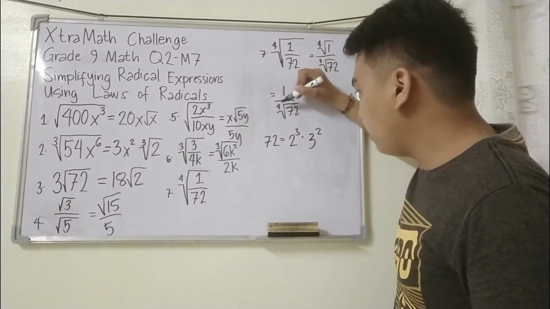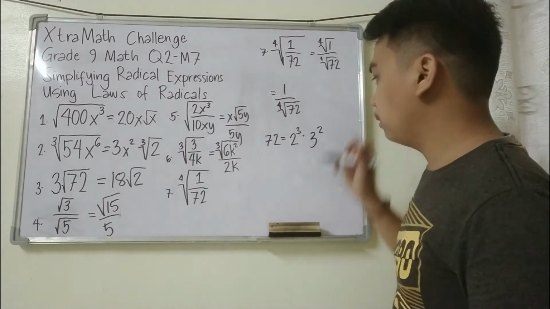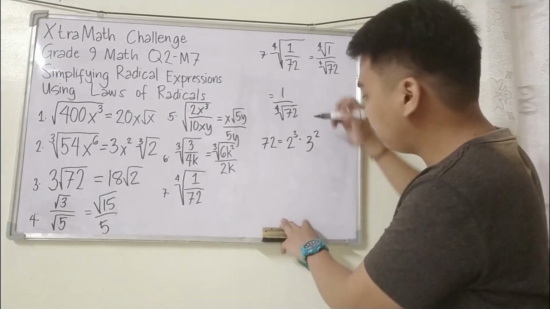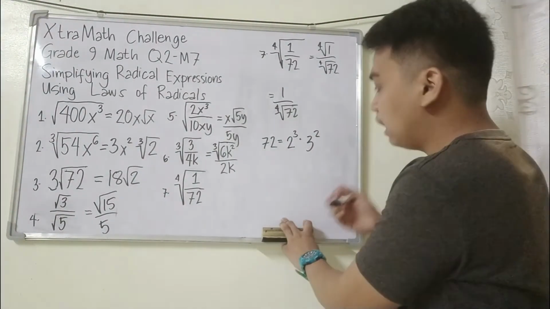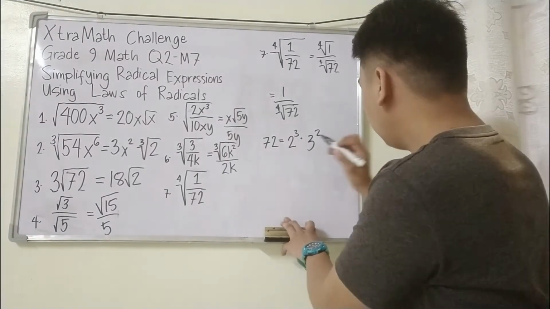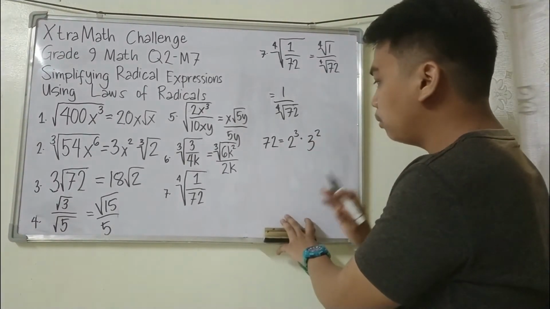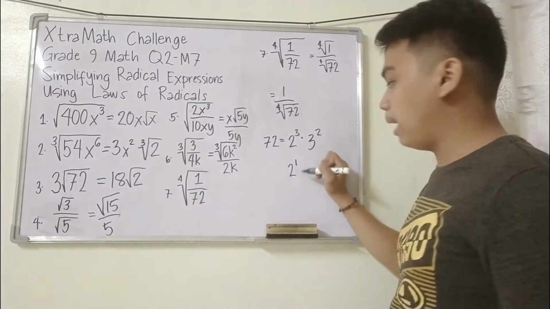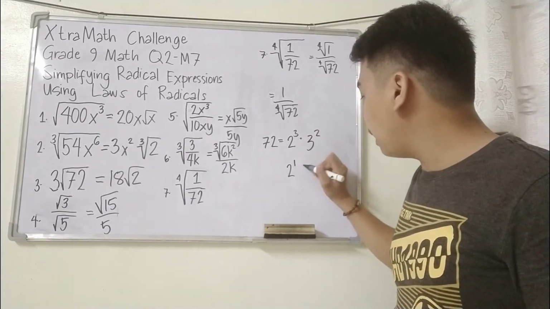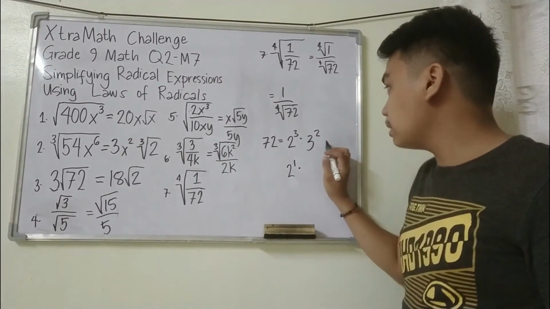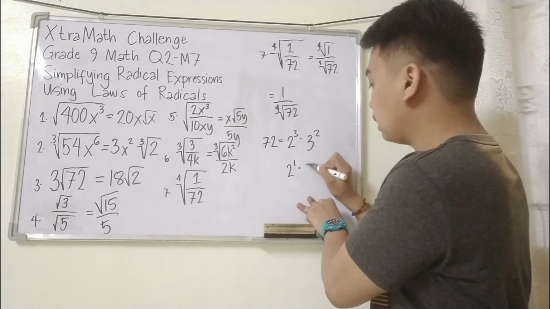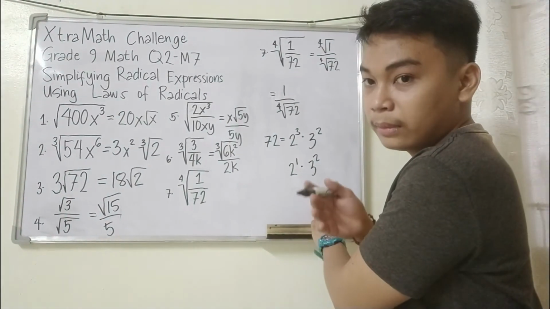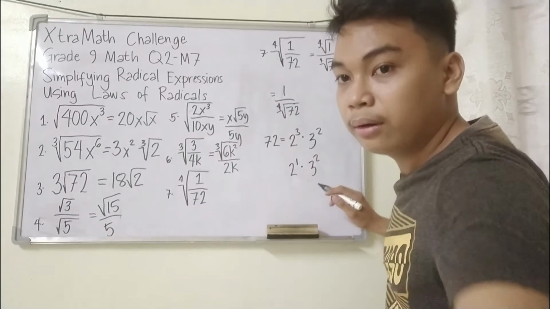So, since our denominator is fourth root, para matanggal yung fourth root sign, yung goal naman natin dito is dapat yung exponent ng 2 at 3 magiging 4. So dito, 2 raised to 3, ano ba yung kulang para maging 4 ito? Ang kulang lang nito is 2 raised to 1 or 2. Dito naman sa 3, 3 squared siya. Since 3 squared siya, yung kulang natin dito is 3 squared din, kasi 3 squared times 3 squared, that is 3 raised to 4.